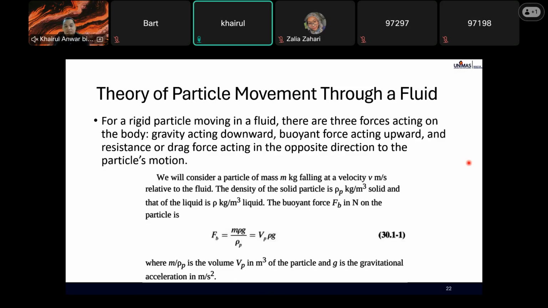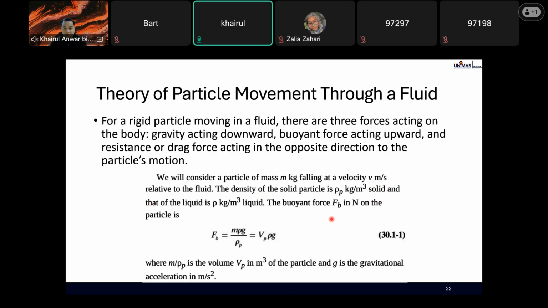So we will consider a particle of mass m, kg, falling at velocity v, meter per second relative to the fluid. The density of the solid particle is rho p, kg per meter cube solid, and that of the liquid is rho, kg per meter cube liquid.